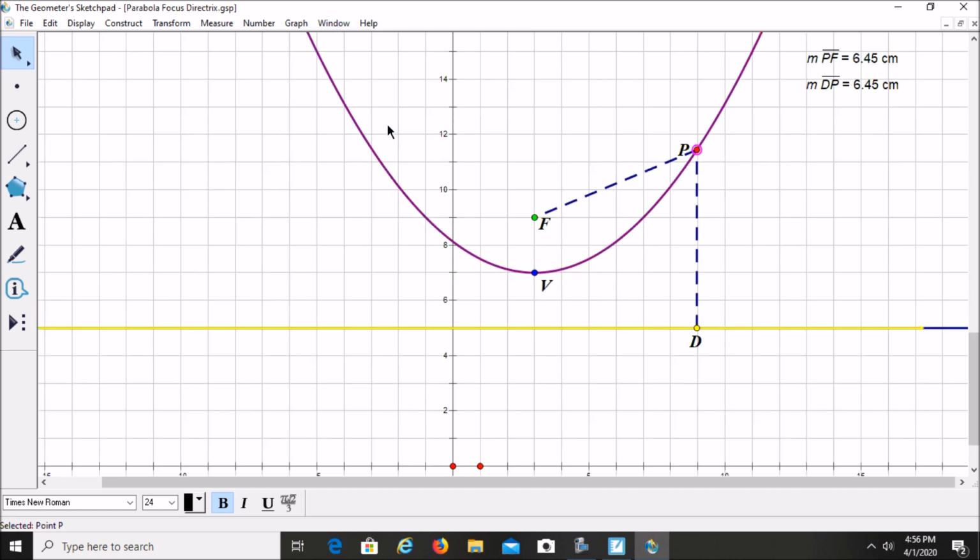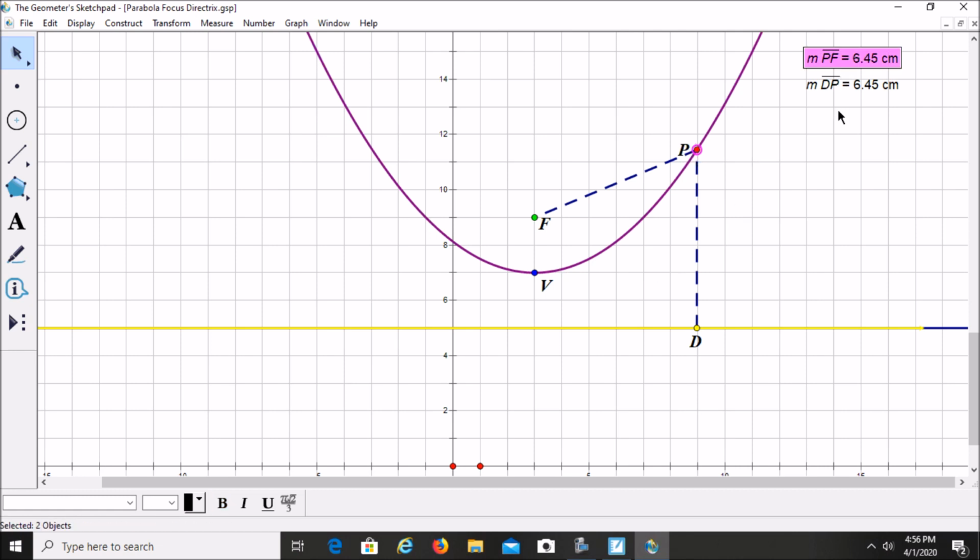And one last visualization. Here I have a parabola in purple and a point P on the parabola. F is my focus. D is a point on the directrix, such that a line drawn perpendicular from P to the directrix will intersect at D. And my blue point at V is my vertex.